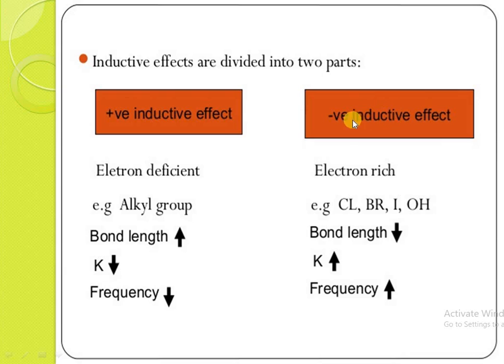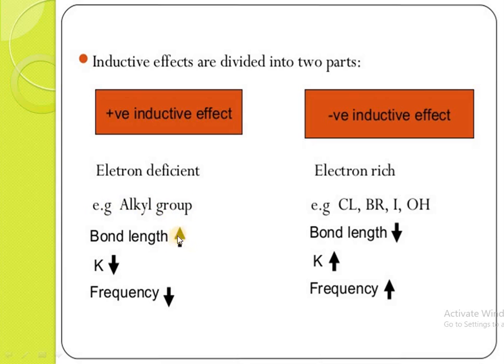An example of positive inductive effect is the alkyl group, and negative inductive effect groups are like Cl, Br, I, and OH. These groups are said to have negative inductive effect. The alkyl groups which have positive inductive effect will increase the bond length.